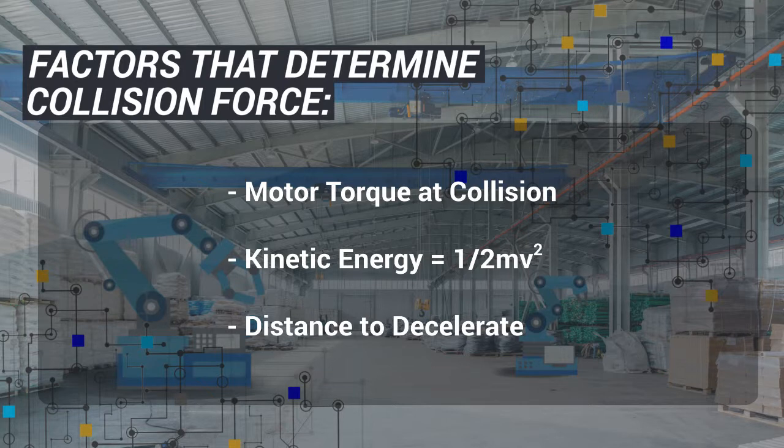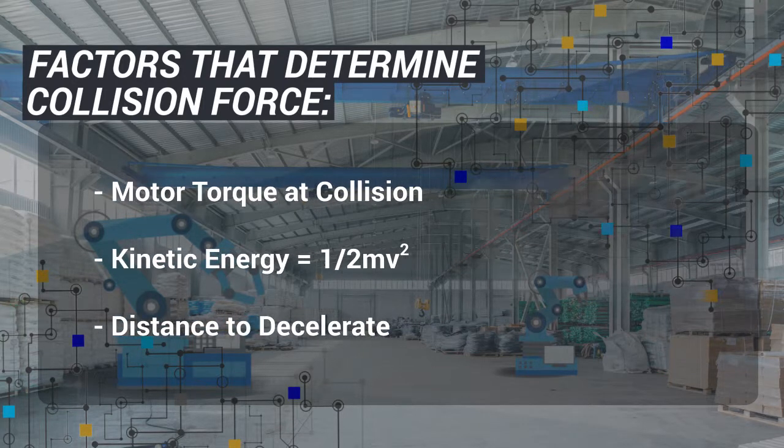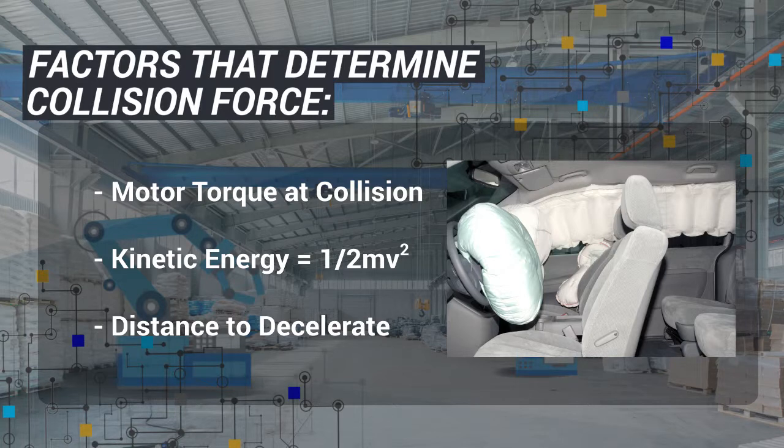Finally, the distance to decelerate has a major influence on collision force. Airbags have been added to automobiles to provide a cushion of several feet to allow people to survive collisions at highway speeds that otherwise would have killed them.